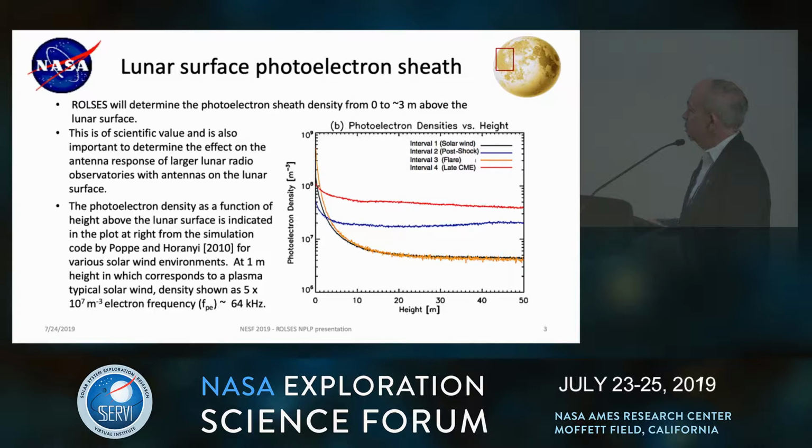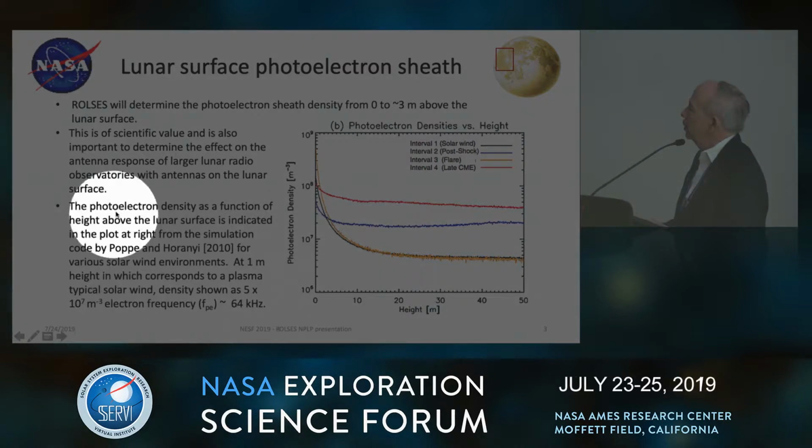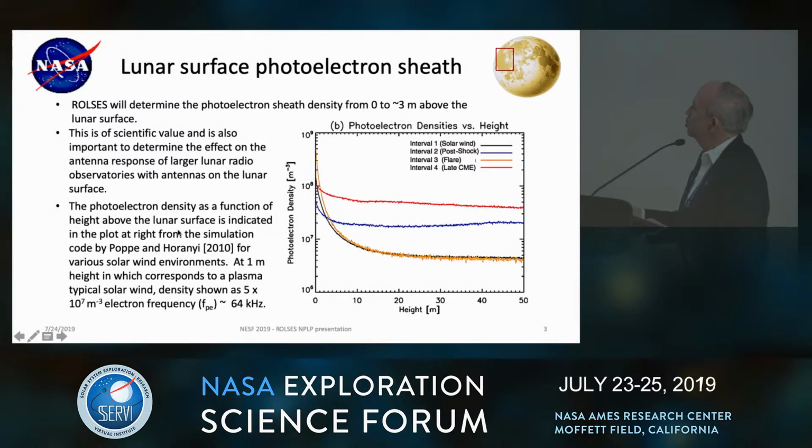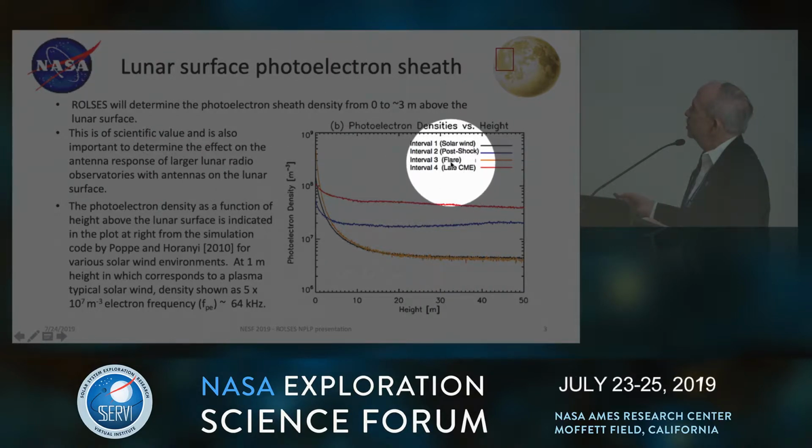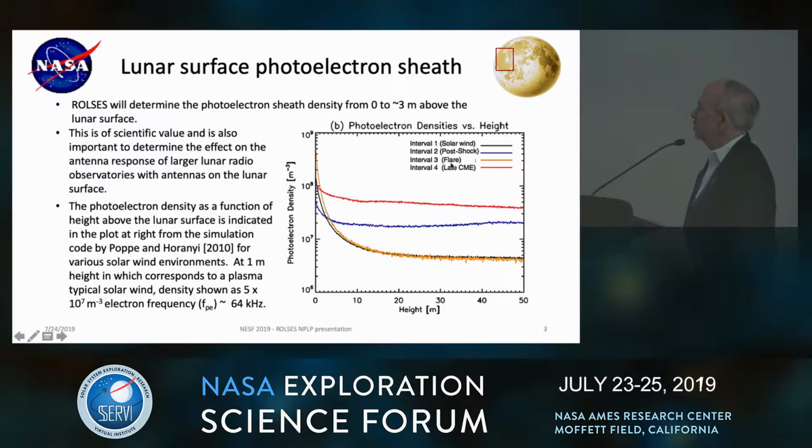In the one shown here, from a model from Pape and Oriani, you see the results for plasma at different times, and solar wind after a shock has gone by, after a solar flare, in the environment of a CME, and you see that it does have a substantial change for the density, order of magnitude.